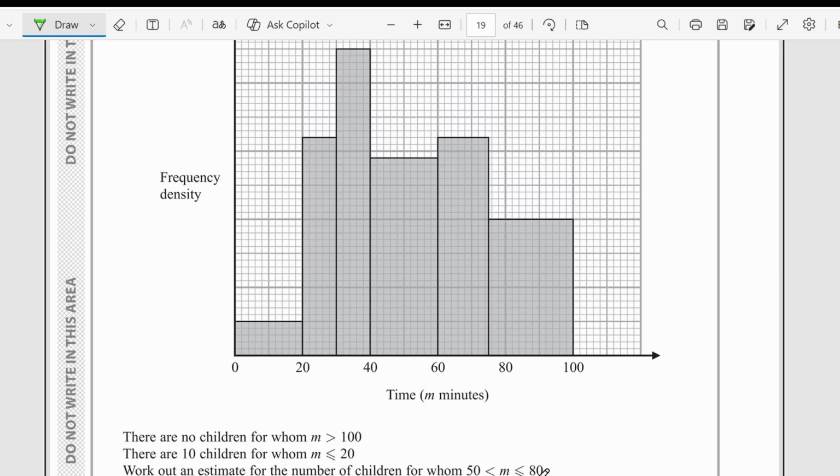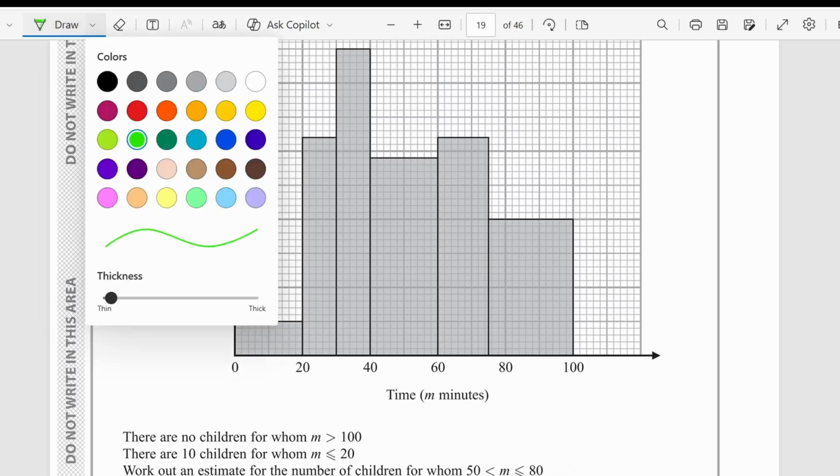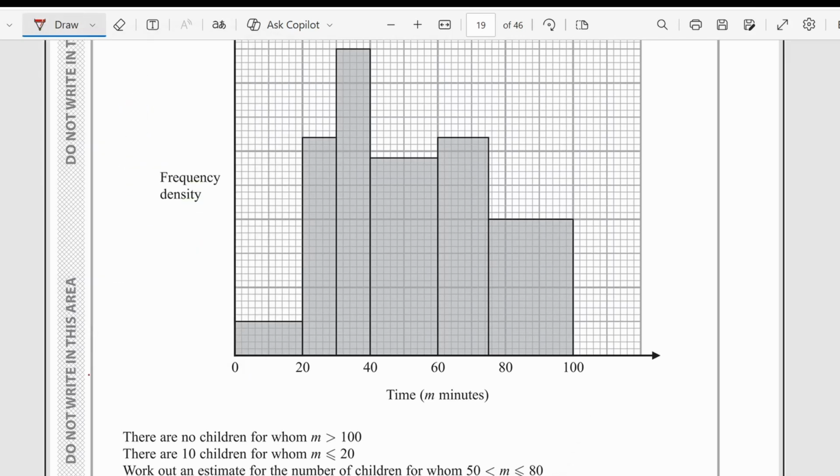We have to find the number of children who take between 50 and 80 minutes. Number of something means finding the frequency. We have a formula: frequency density equals frequency over width. Before finding the frequency, we must know the frequency density.